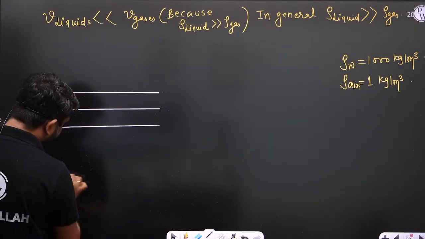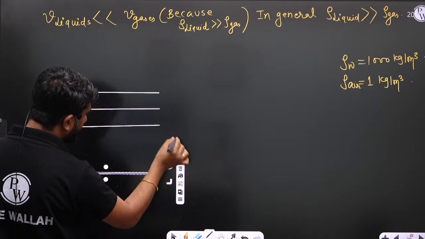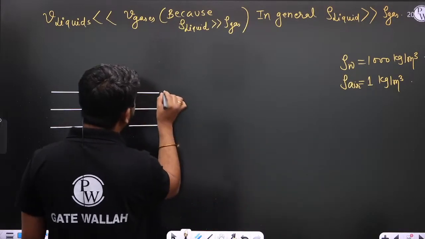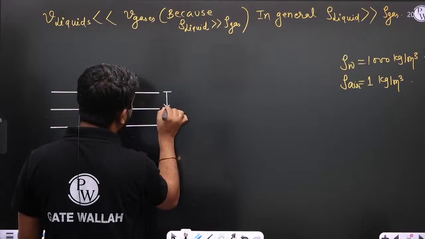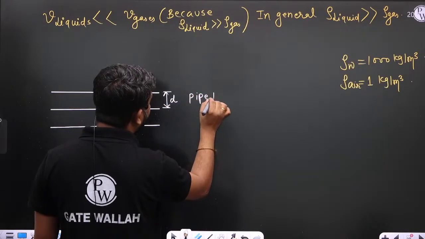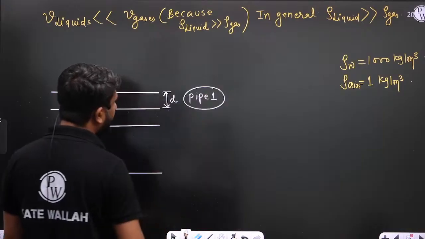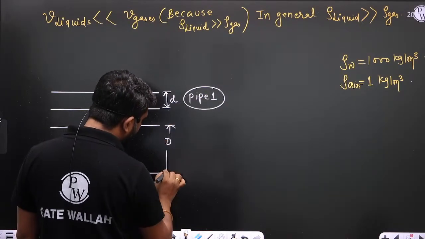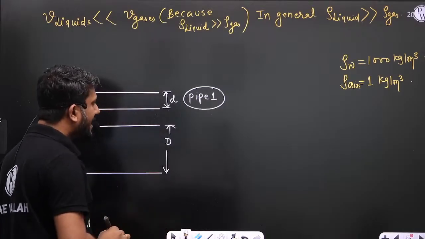This is pipe number 1, and pipe number 1 has diameter small d. This is pipe number 2, and pipe number 2 has diameter capital D.